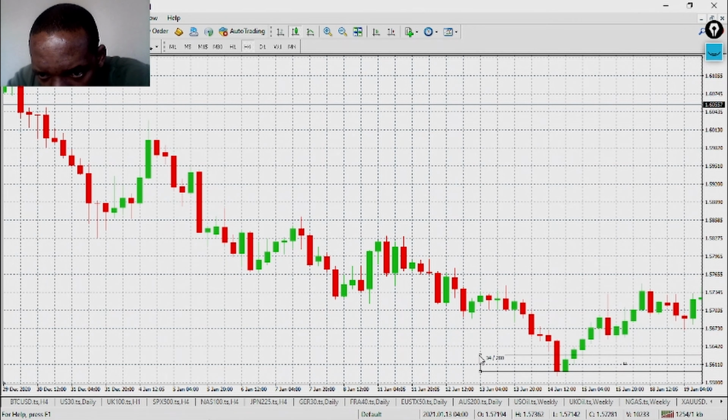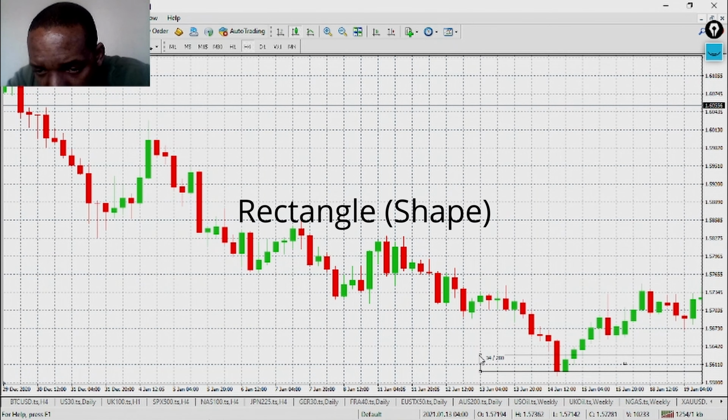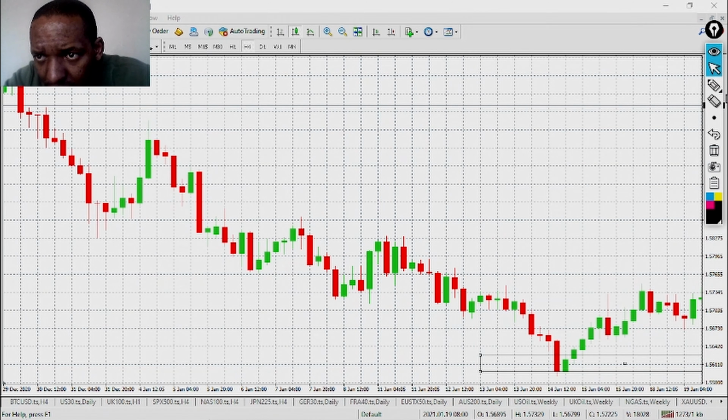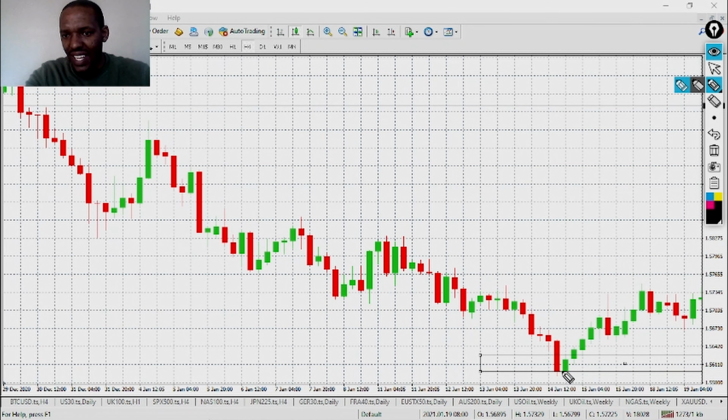When you set out your rectangle tool, you want your candles to close in there and not break beneath. They mustn't break underneath there. I don't know if it makes sense what I'm saying. Those candles must not break underneath this line right here.